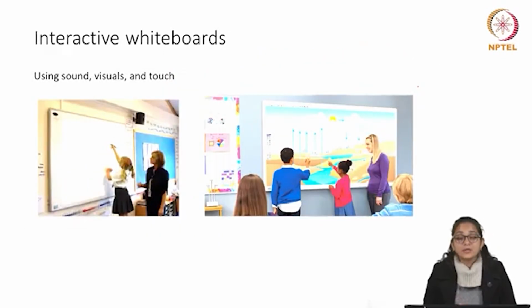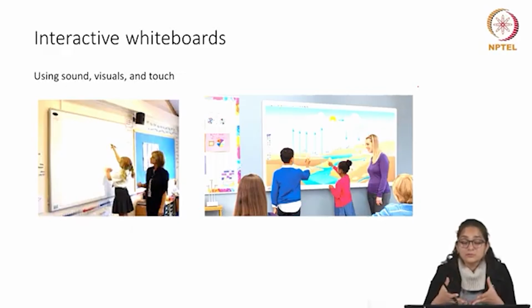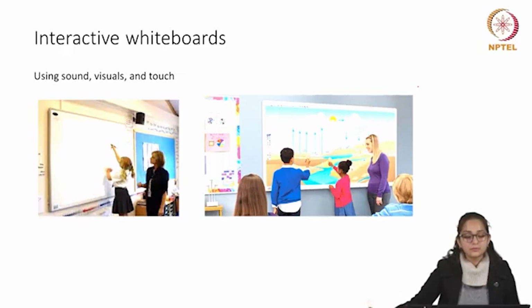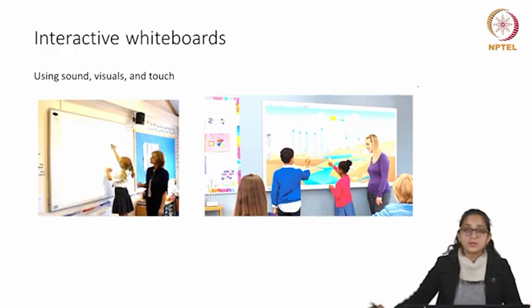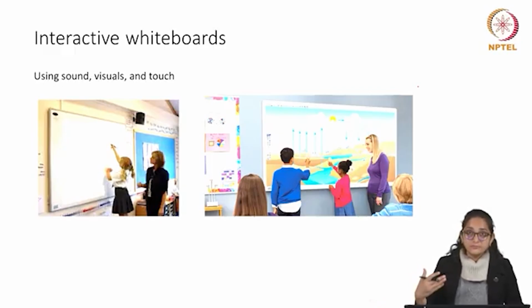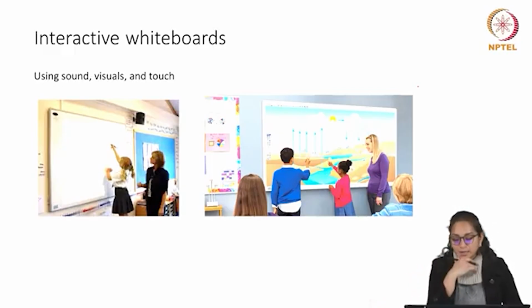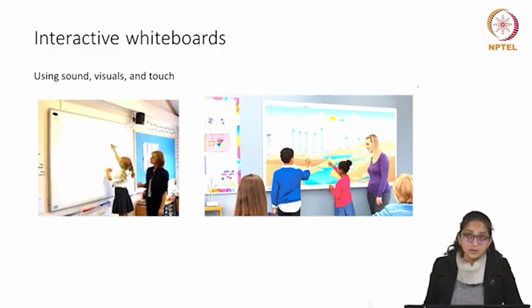Then there can be interactive whiteboards, using sound, visuals, touch. There's also vibratory feedback, and now with haptic gloves and virtual reality learning environments, this can become even more immersive.